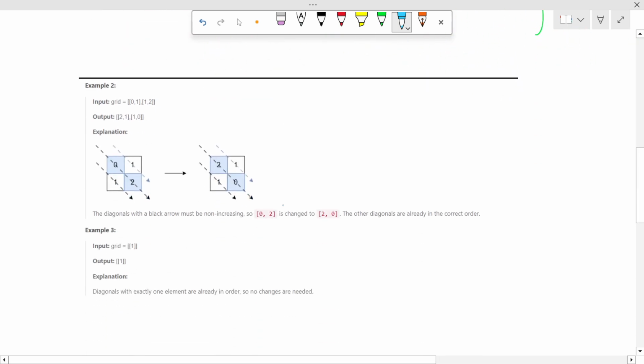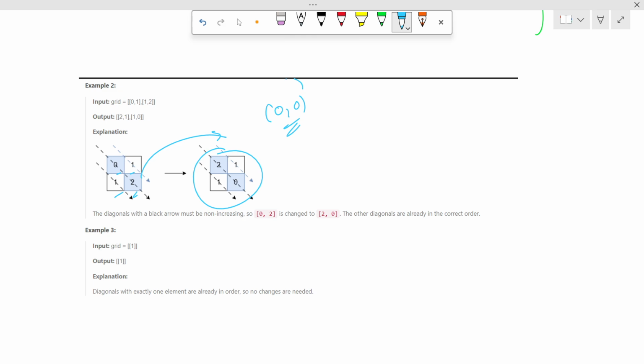Now in the second example we are given 0 1 and 1 2, and we have to iterate all the diagonals. First we have 0 comma 0, which is our main diagonal, and here we have 0 comma 2, and we have to sort them into descending order.